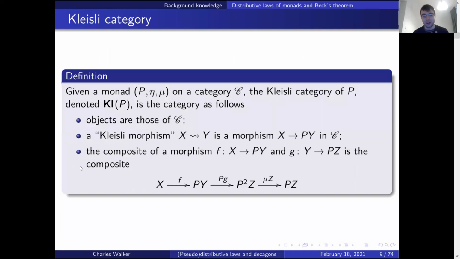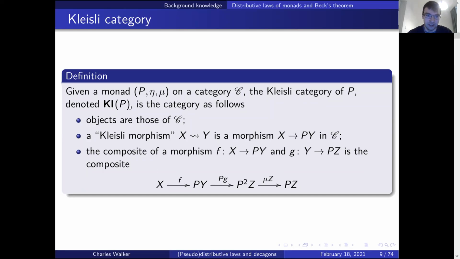Right, so I should remind you what the Kleisli category is, since we'll be using it. So if you're given a monad P, eta, mu, then the Kleisli category of our monad P, the Kleisli of P, is going to be the category with the same objects as those of C. And a Kleisli morphism, which I'm going to write as a twiddly arrow from X to Y, is just going to be a morphism from X to PY in our original category.